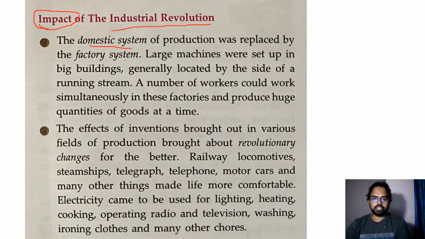The domestic system of production was replaced by the factory system. So what do we mean by the domestic system? The domestic system is the traditional way of making goods by hand in houses, like cottage-type production.